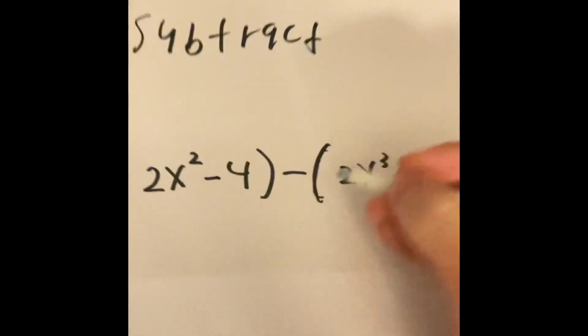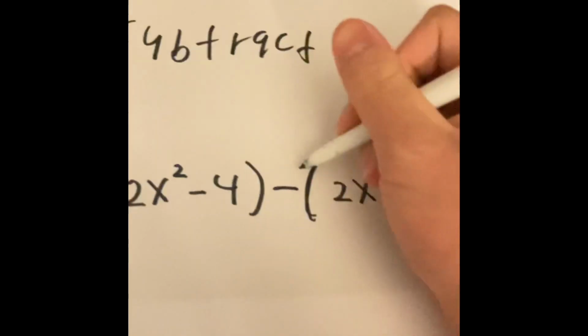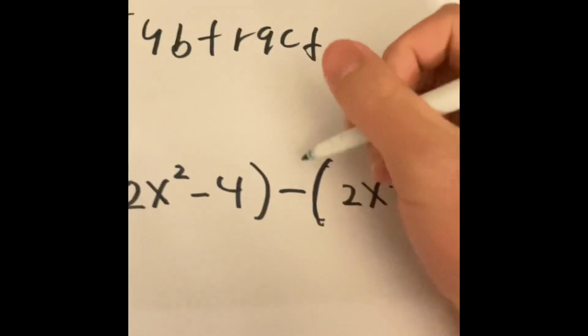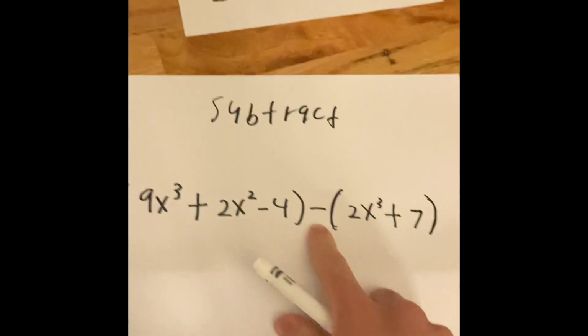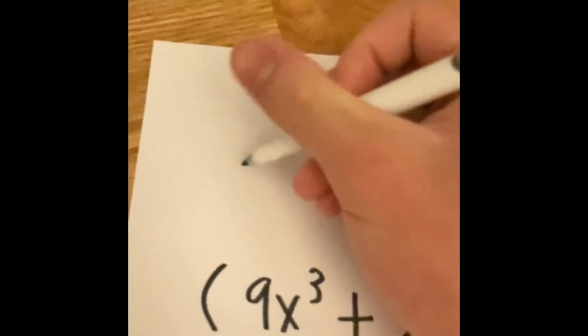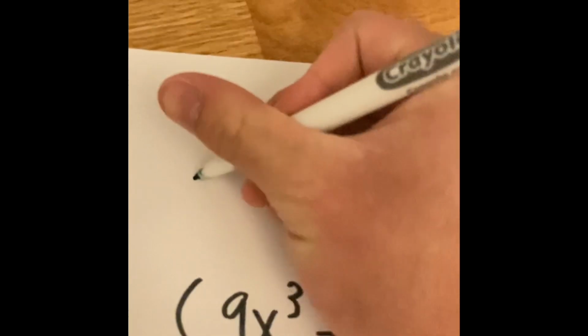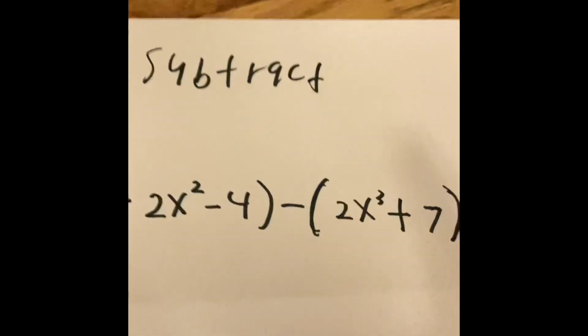Since we have a negative in between the parentheses, we want to get rid of that sign. Mathematicians never like subtraction symbols in between their equations, so we've got to do something about that.